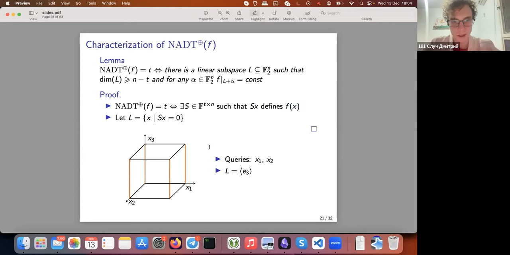That's the other picture. Here, the query is the parity of all 3 bits, and it induces the following subspace. The orange points are the subspace, and the blue points are a coset of that subspace.